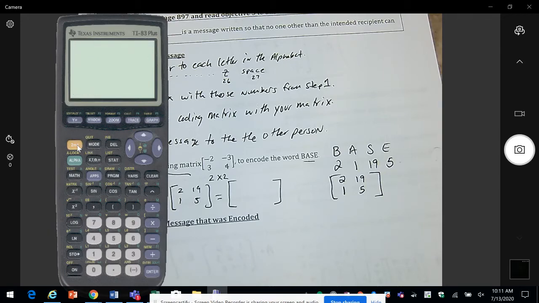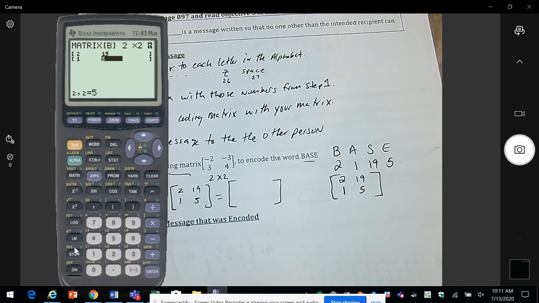Second quit. Then I'm going to use B. 2x2. And the numbers here are 2, 19, 1, and 5.